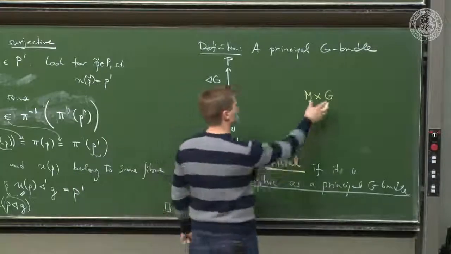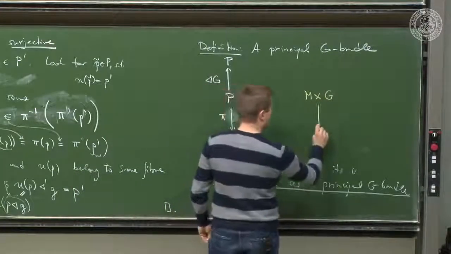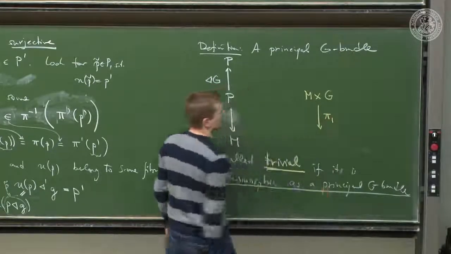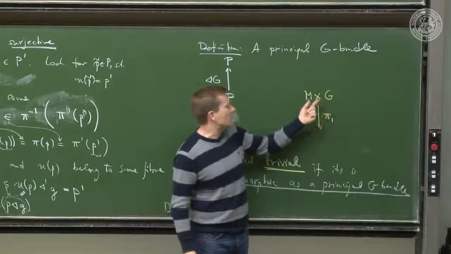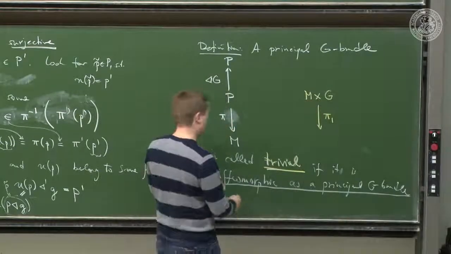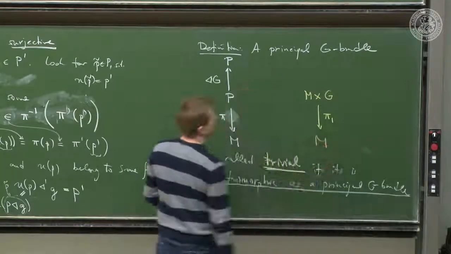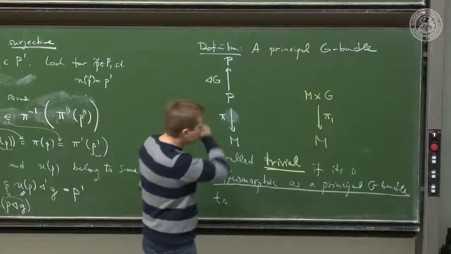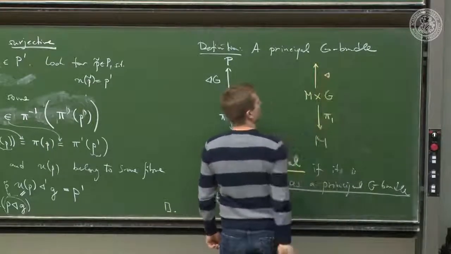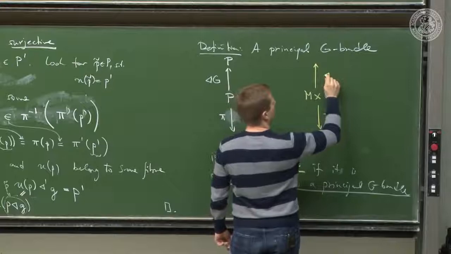which can be made into a smooth manifold, as always. And you have a projection map here, which I call pi sub 1, because it just projects out the first factor of this Cartesian product, down to M. And I have an action of the group here, so let's call this the solid action.